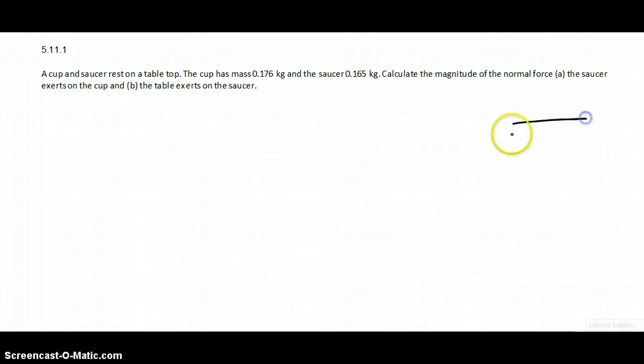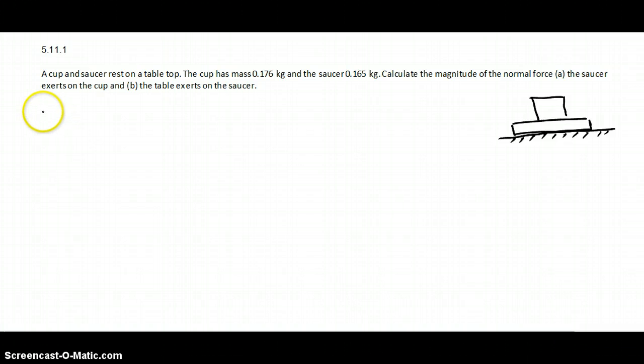So this problem is telling you that there is a saucer and a cup on top of it, and they're all resting on the table. Okay? So, what do we know? About the cup, let's call it object 1. We know that the mass is 0.176 kilograms.